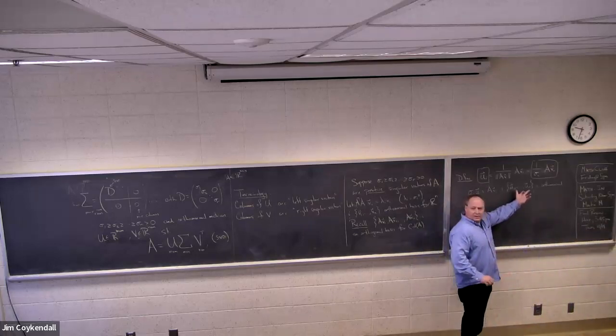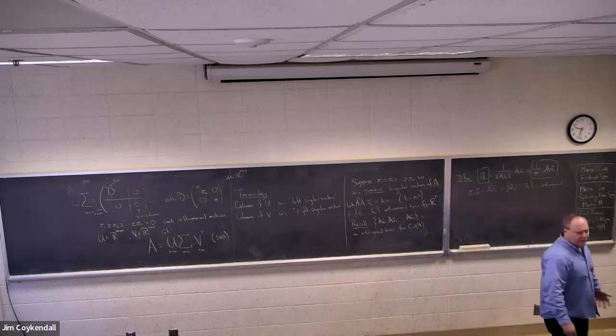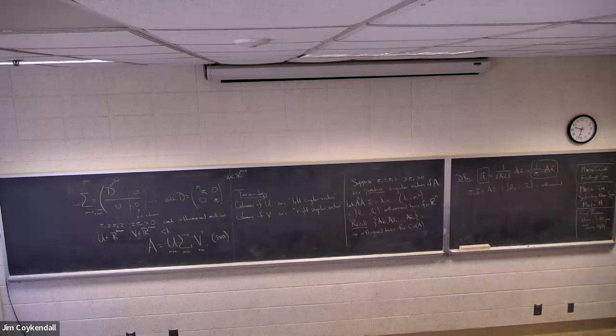Can I fix this? R is less than or equal to M. R is the rank of the matrix A, so it's less than or equal to M. What if it's less? How can I get M out of my R in the spirit of what we've been doing before?